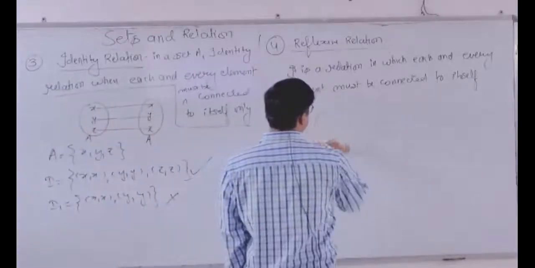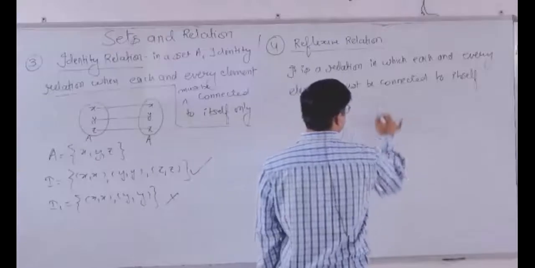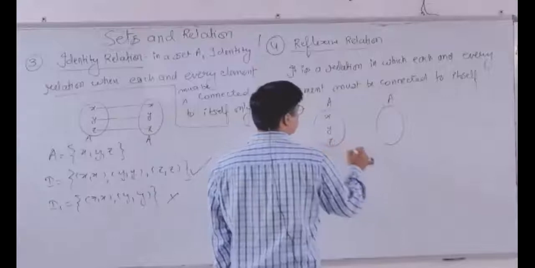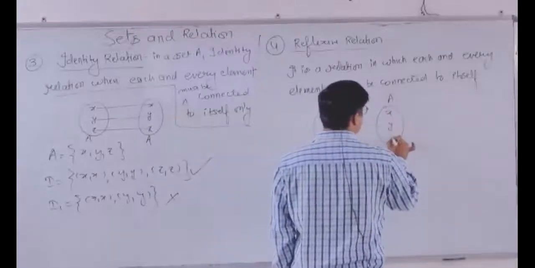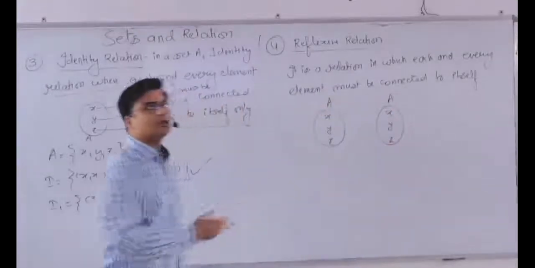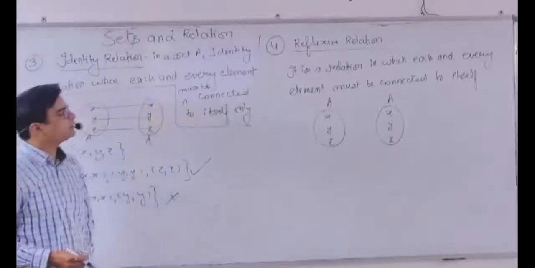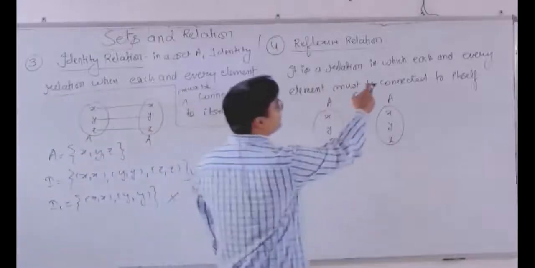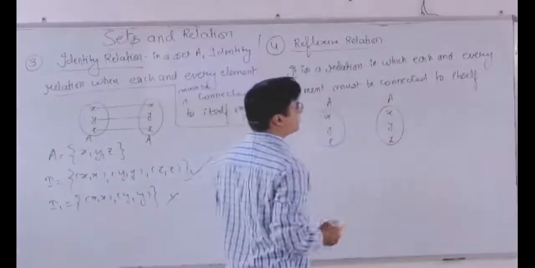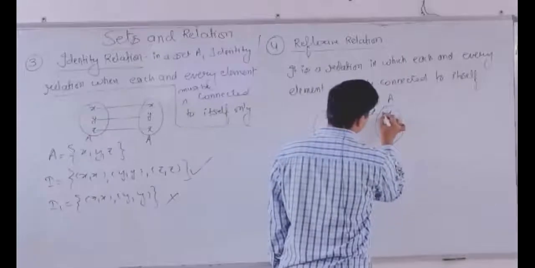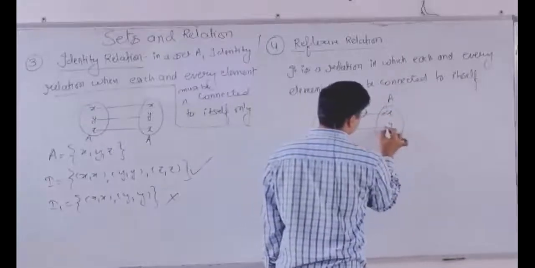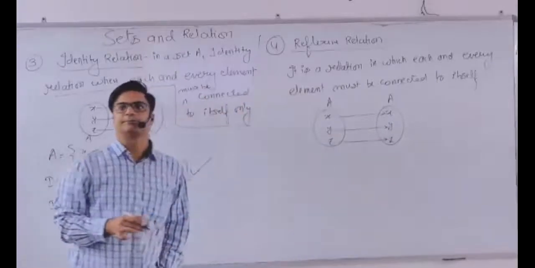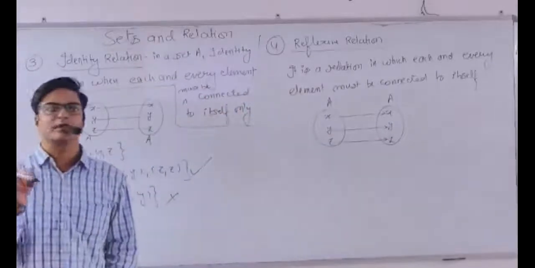Again, let's say set A, and this is also set A, X, Y, Z, X, Y, Z. So let's start fulfilling all the conditions in this reflexive relation. Each and every element must be connected to itself. That means X must be connected to X, Y must be connected to Y, Z must be connected to Z. Yes or no? But there is one difference.